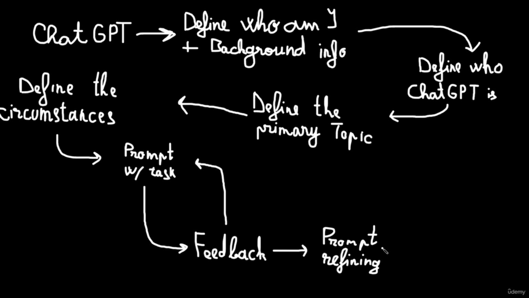Now, of course, if you did mistake some stuff, like maybe you didn't specify everything about your background, you can easily ask ChatGPT to add more information to your background info. You just tell him, besides all I told you about my background information, here's what I want you to know more of.